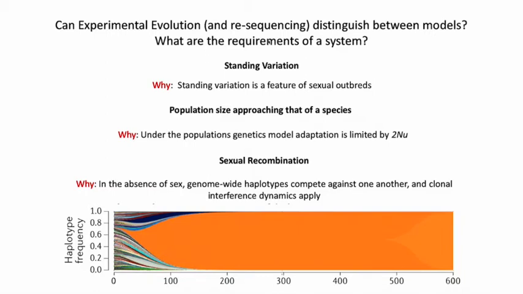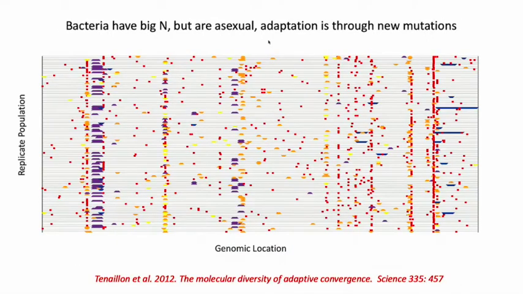So in the absence of sex, if you start out with a whole bunch of haplotypes, you're just going to have one haplotype quickly dominate the population, genome-wide. What sex does is allow different hunks of the genome to evolve independently.